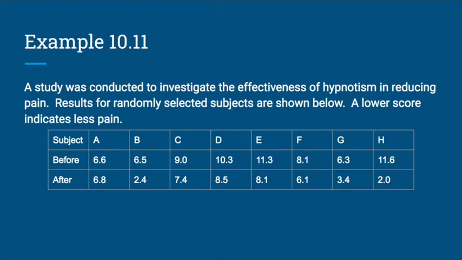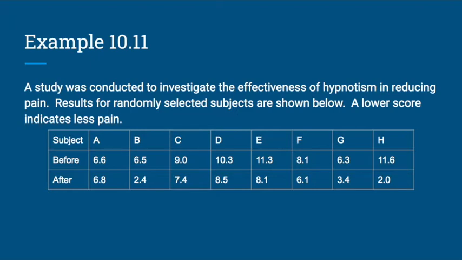So here in example 10.11, we have a study that was testing the effects of hypnotism in reducing pain. So we have before and after scores for subjects A through H. And a lower score indicates less pain. So this would be the data that you would typically be given. And what you have to do is subtract in order to get the differences.